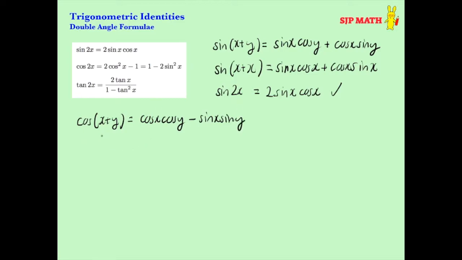And let's say again x and y are the same, so we're going to put both of them as x. So cosine of x plus x equals cosine of x times cosine of x minus sine of x times sine of x.